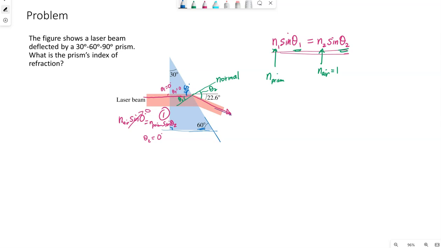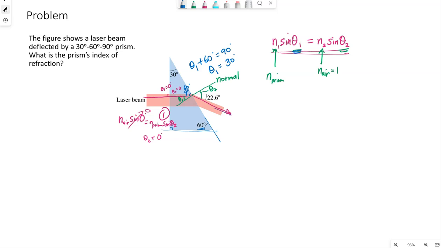Knowing that, theta 1, because we're measuring that relative to the normal, and the normal makes a 90 degree angle in here, we can say theta 1 plus 60 degrees is 90 degrees. So theta 1 must be 30 degrees. Awesome. So we now know theta 1.